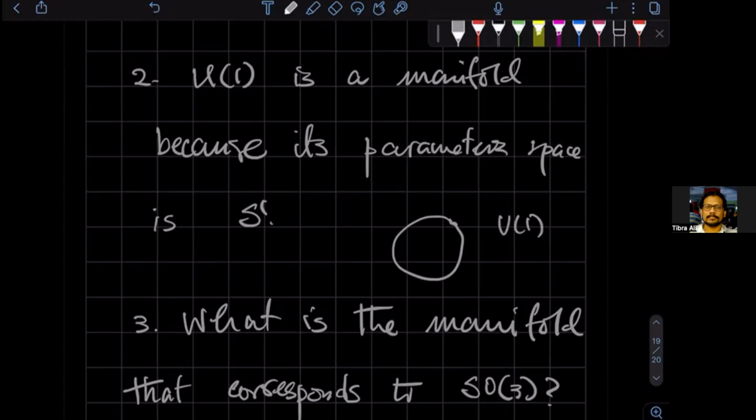We are identifying the endpoints, right? For the phases, right? So this is e to the power i theta. So this is theta equals 0, but this is also 2 pi. That's why it's an S1.